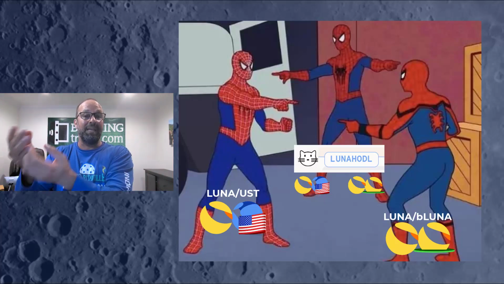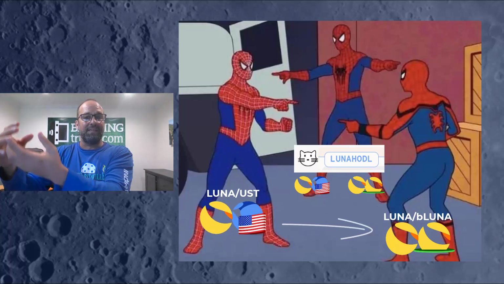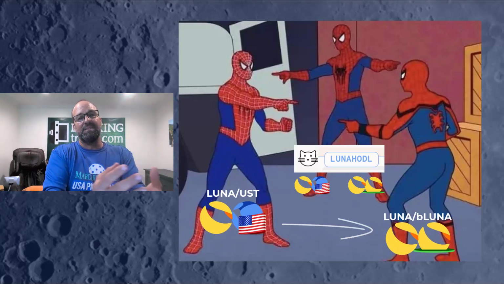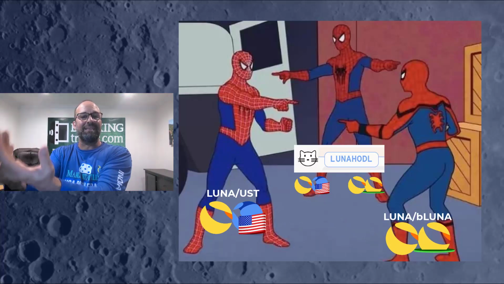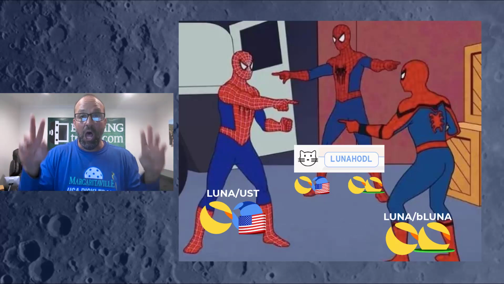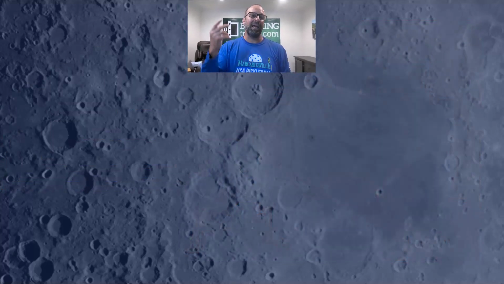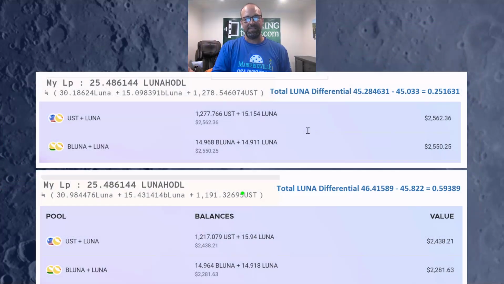Well, what would happen in a normal LP is the stronger asset would rebalance to the weaker asset. You would end up with less of the stronger asset and more of the weaker asset. And the weaker LP of the two LPs is the Luna bLUNA pool. And that's why I believe we have less UST, 1191 versus 1217.